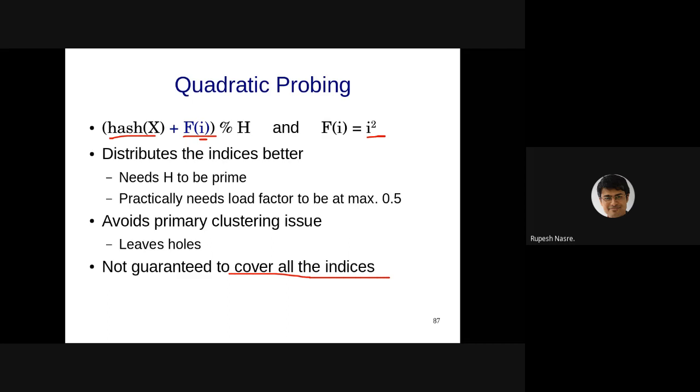But if it is a prime number, then using some number theory, we'll be able to prove that if there are 50% of the holes, then it is guaranteed that one of those holes will be picked for insertion. Right? It cannot be guaranteed if the hash table is more than half full. But if it is less than that, then this guarantee can be provided.